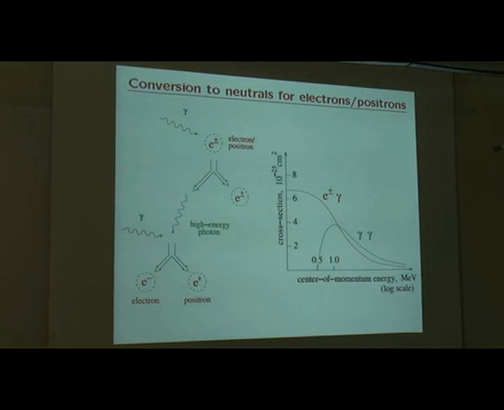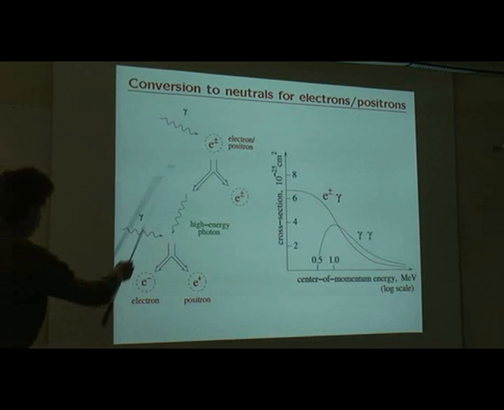For electrons, you might have a process like this. You have an energetic electron or positron. It upscatters some low energy photon. You have, again, this electron or positron, which has lost some energy, and you have a high energy photon.